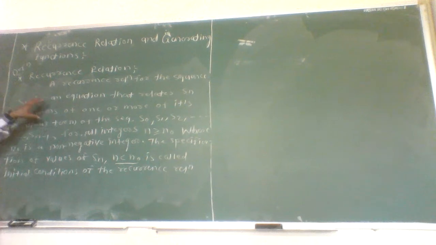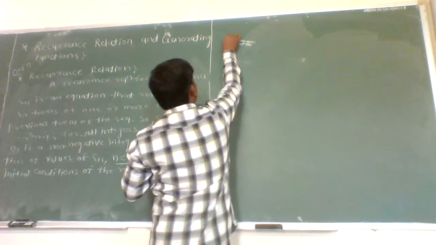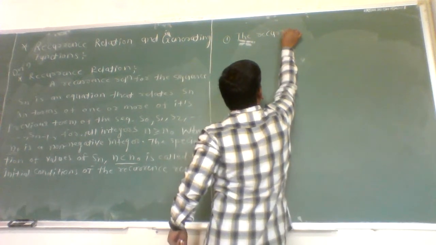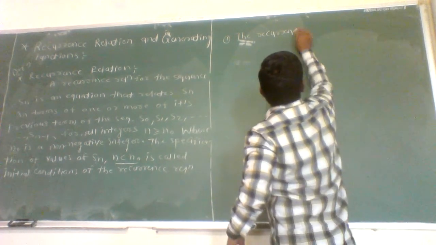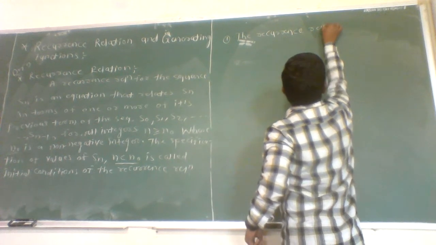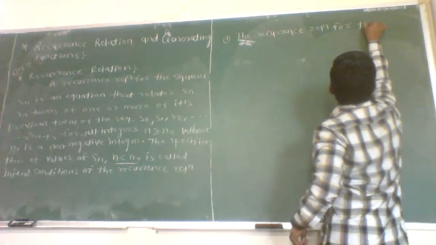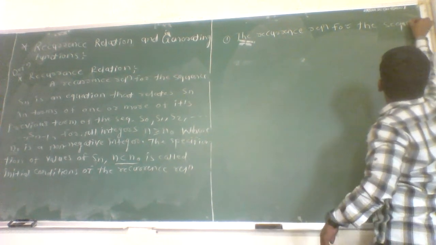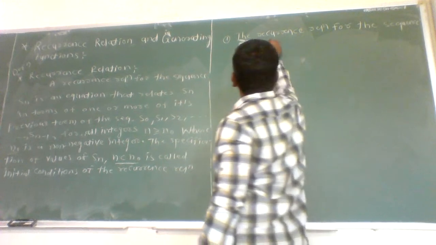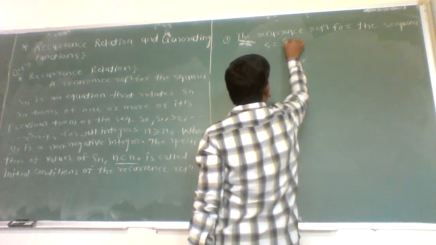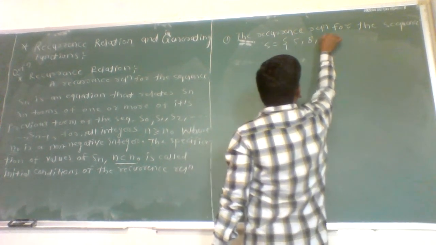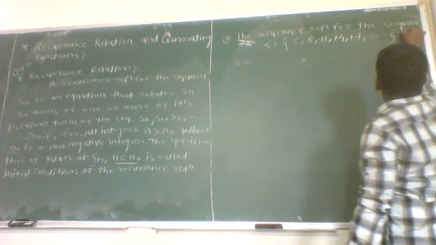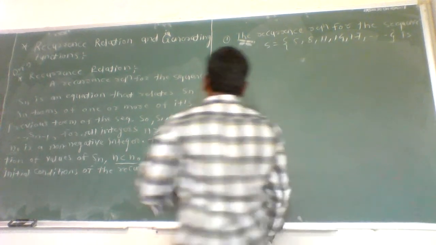Now let us see this concept by giving an example. First one, the recurrence relation for the sequence S equal to 5, 8, 11, 14, 17 and so on. Now we have to give its recurrence relation.